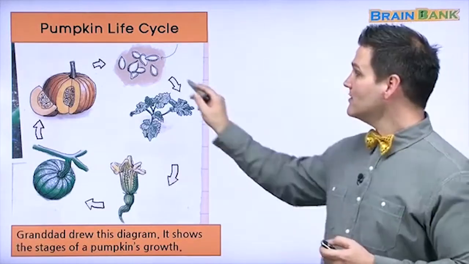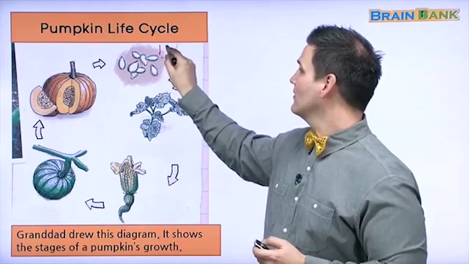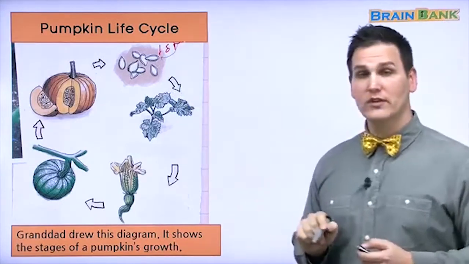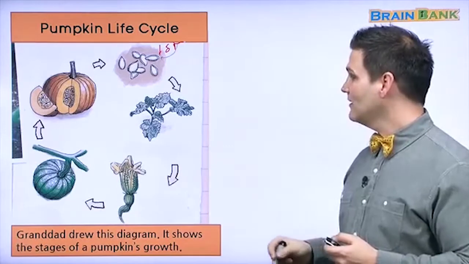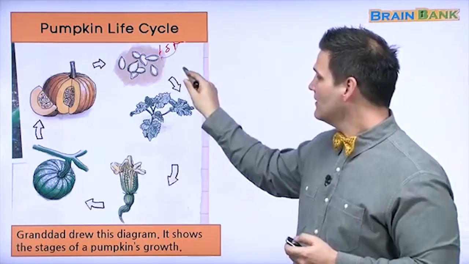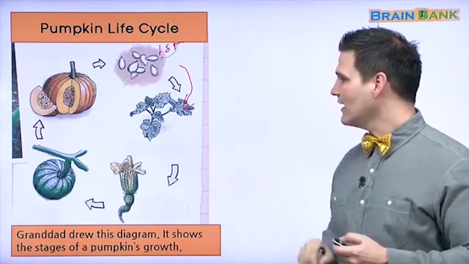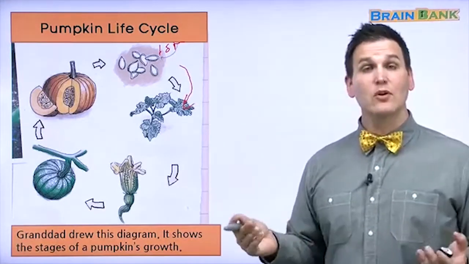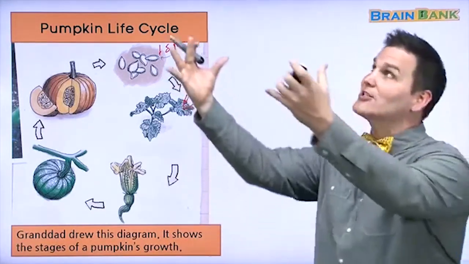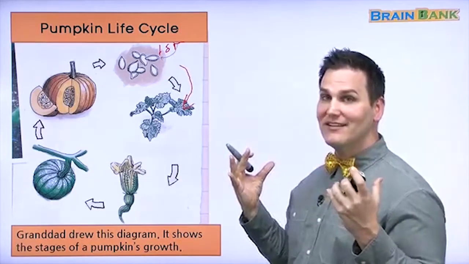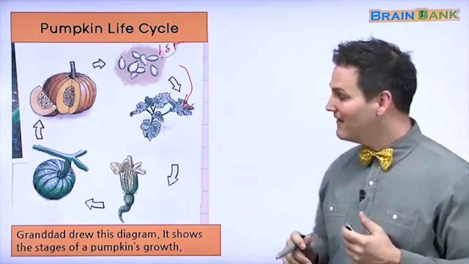The pumpkins start here. The first one as seeds or siat. Then they grow into kind of like a plant, a beautiful green plant with big leaves that soak up the sun to get even bigger.